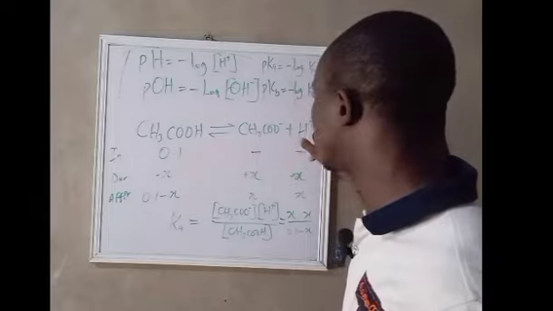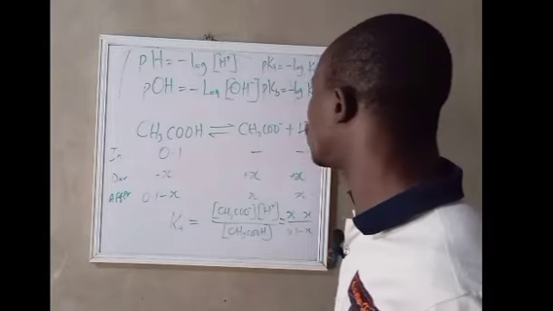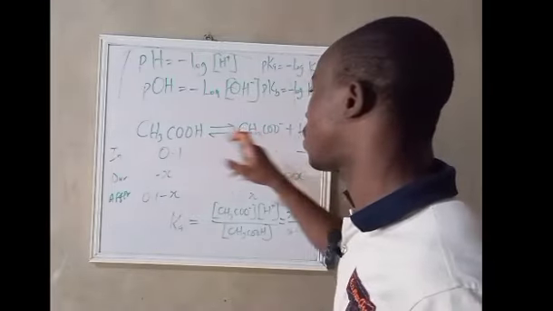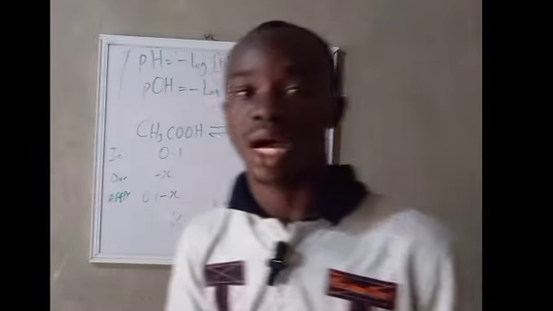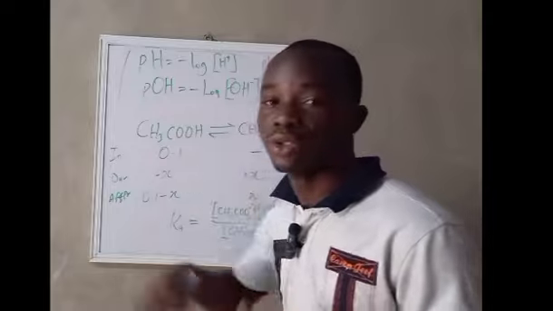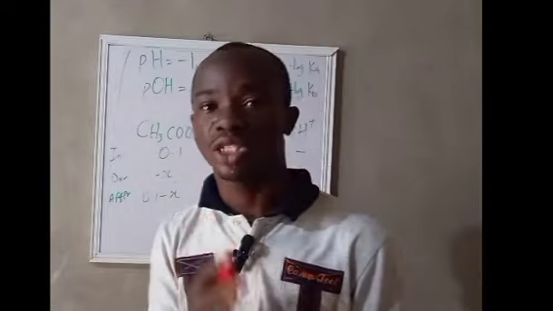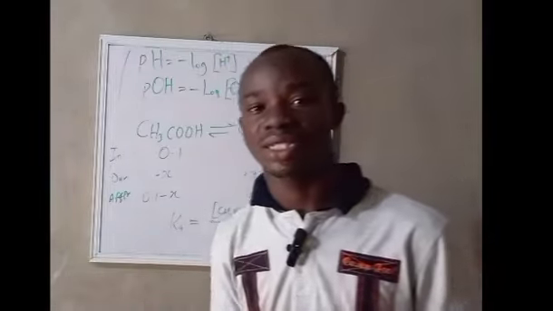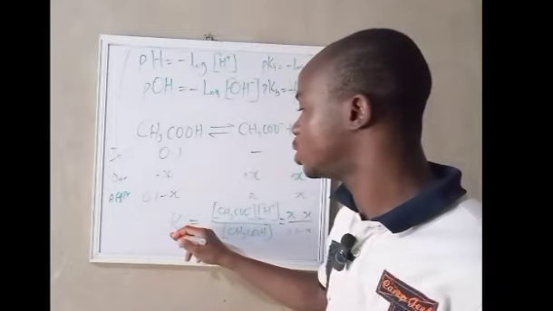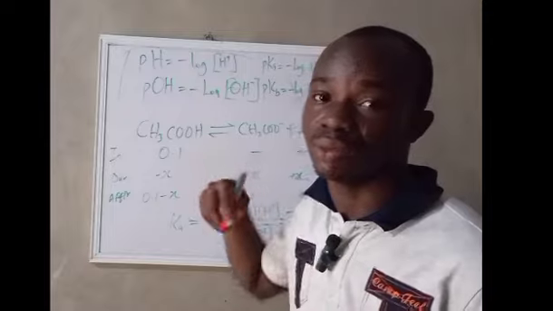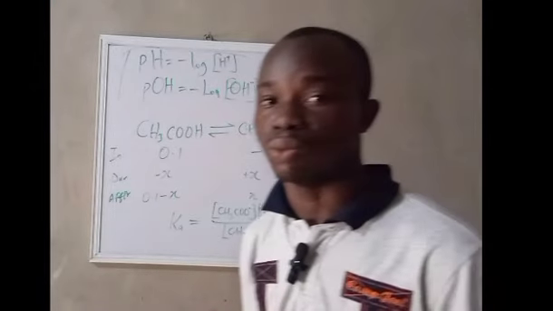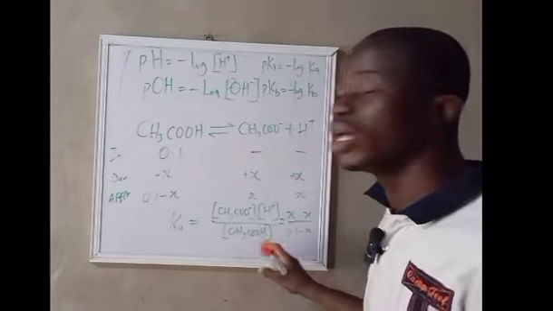This unknown will be the concentration of H plus produced from that particular weak acid, and that's how to go about a weak acid. So you cannot determine the amount of H plus from a weak acid directly without considering the dissociation constant of either the weak acid or the weak base.